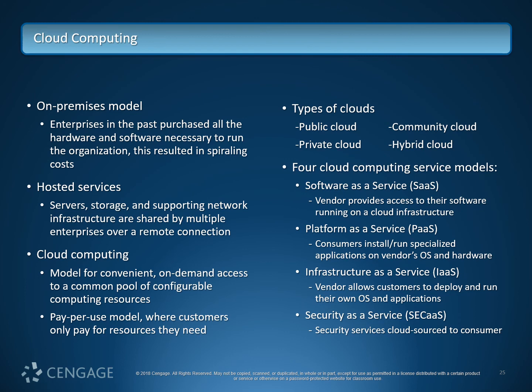Platform as a service, this is where you install or run specialized applications on the vendor's OS and hardware. So rather than them providing everything, you are providing the software, they provide the OS and hardware. Infrastructure as a service is where you essentially are able to deploy and run your own operating system and applications just using the hardware availability.